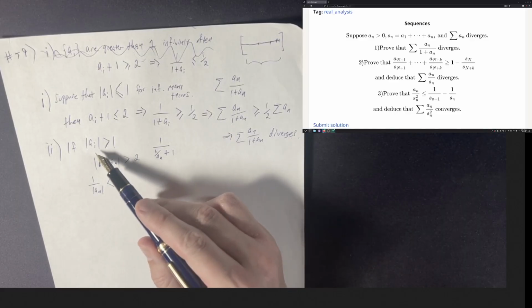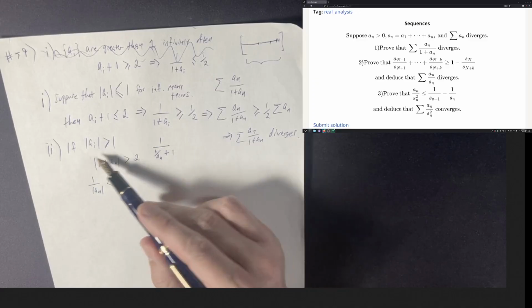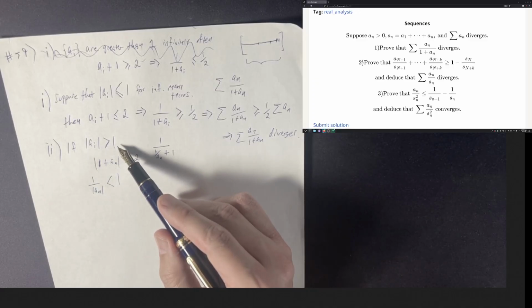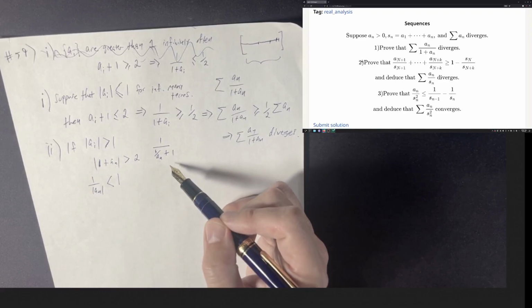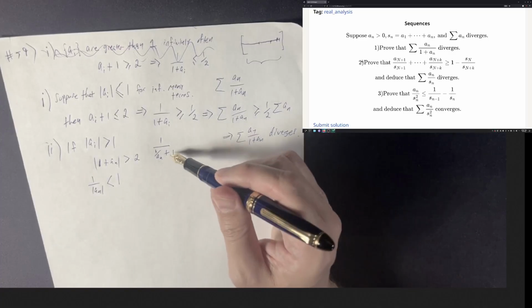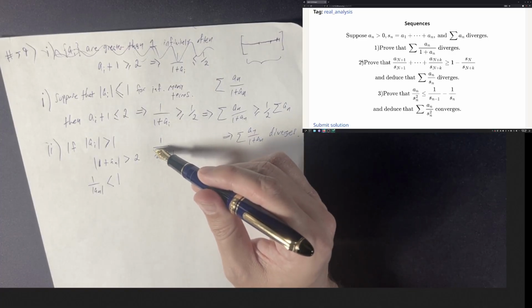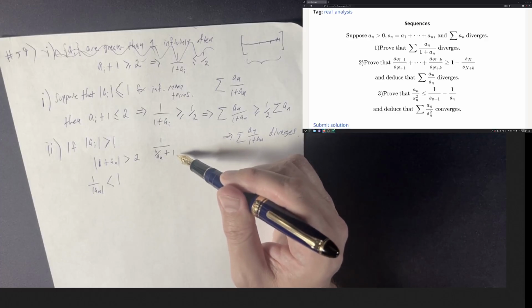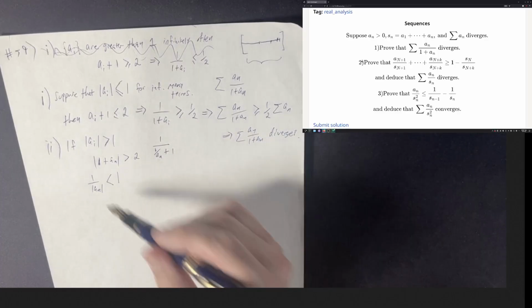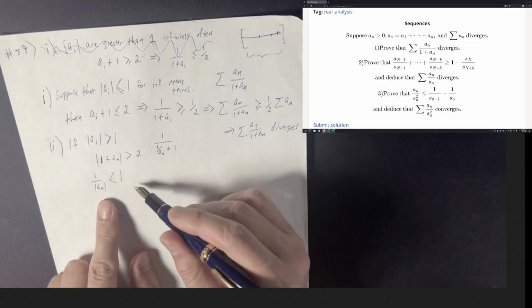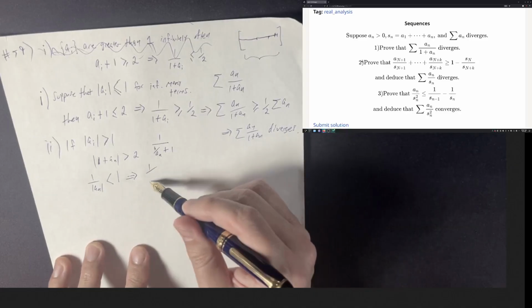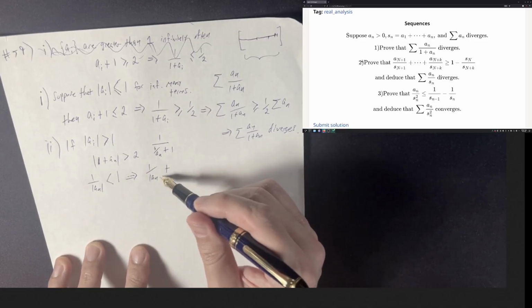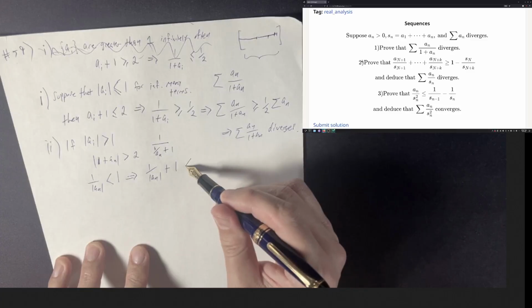So if for infinitely many of the terms this happens instead, I don't want an upper bound. Oh yeah, this is the denominator. If I add 1, it's less than 2. That's it. So if this happens, this plus 1 is less than 2.